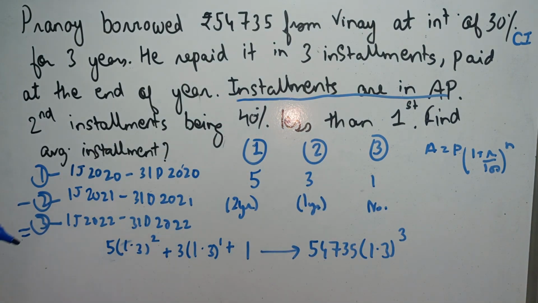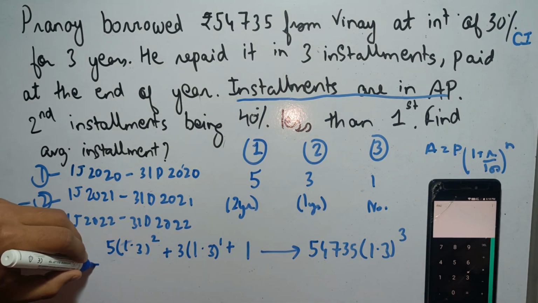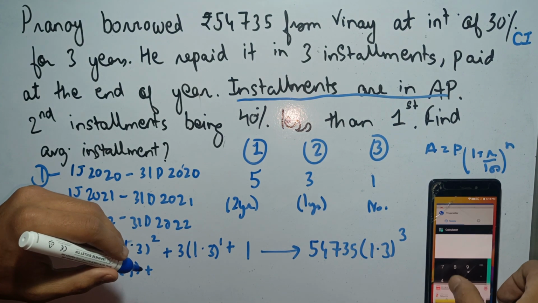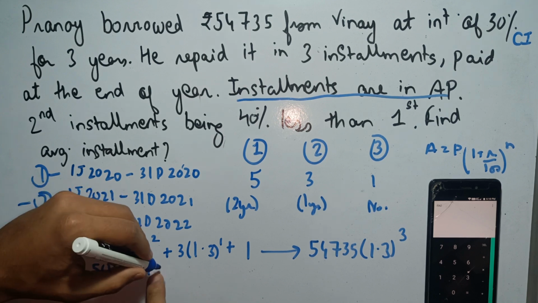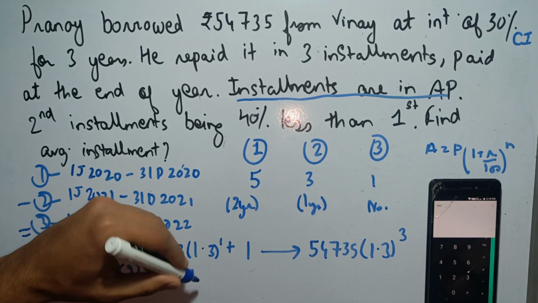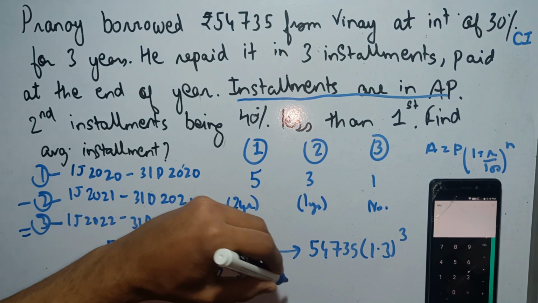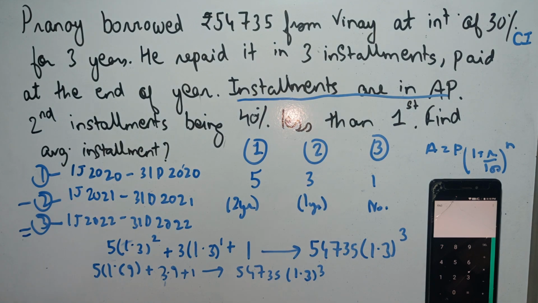For this you have to use the on-screen calculator given in the question. So we use the calculator to calculate. This would give us 1.69, plus 3 into 1.3, which gives 3.9, plus 1, is equal to 54735 into 1.3 cubed. Now we'll solve this further.